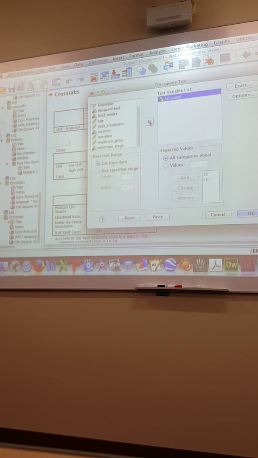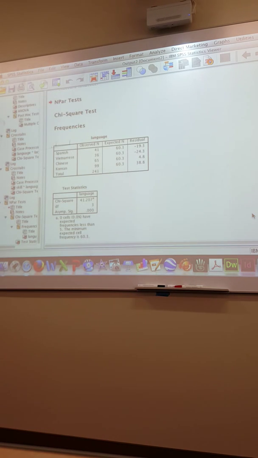You could put in 25, 25, 25, 25, or all categories equal. And what we see is that the chi-square is significant, right? P less than 0.05. So it's saying this is not an equal representation of everybody. It seems like they had way more Koreans, because there's 99 versus 66. But we had fewer than expected Spanish and Vietnamese. But Chinese, it seems like we were pretty close.